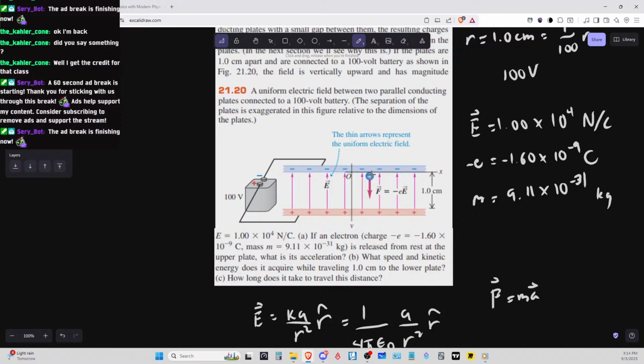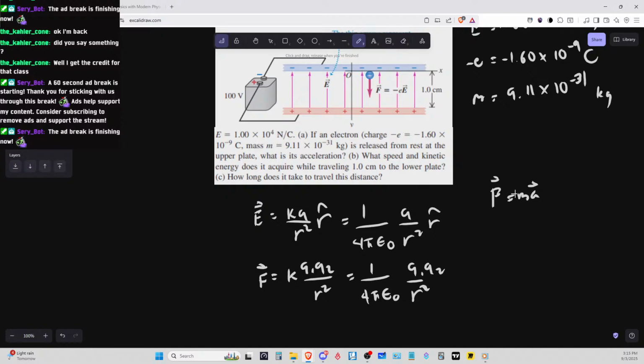So the negative charge is going to go to the positive charge on the bottom plate. What is the speed and the kinetic energy does it acquire while traveling 1.0 centimeters to the lower plate? How long does it take to travel? All right.